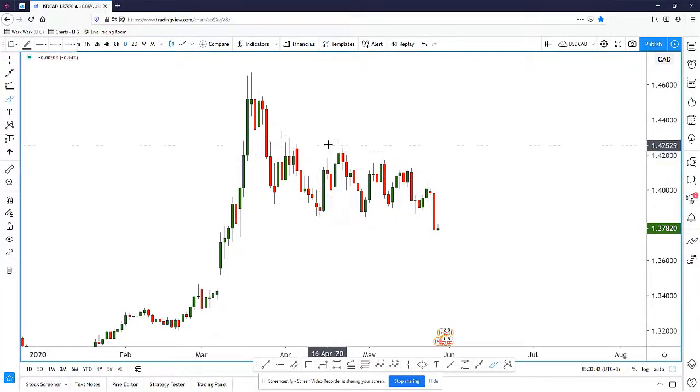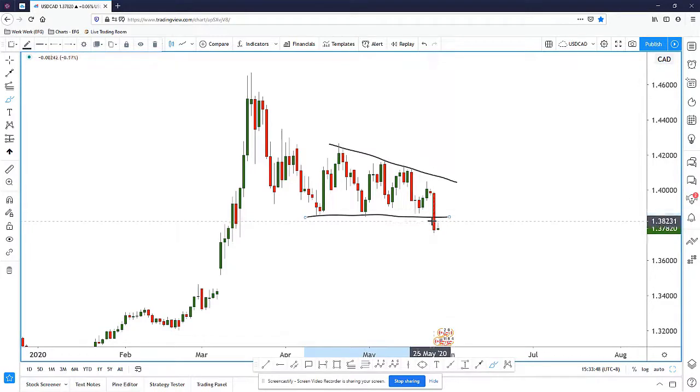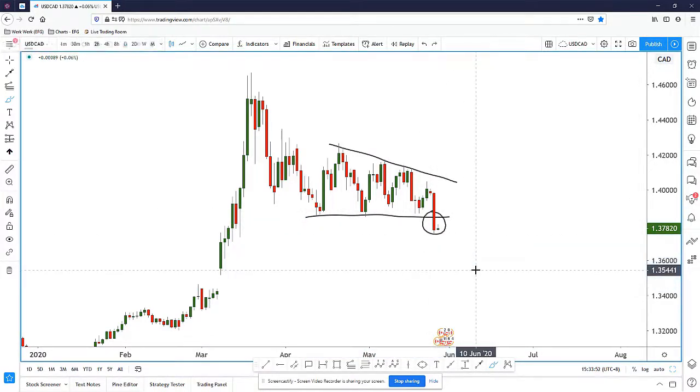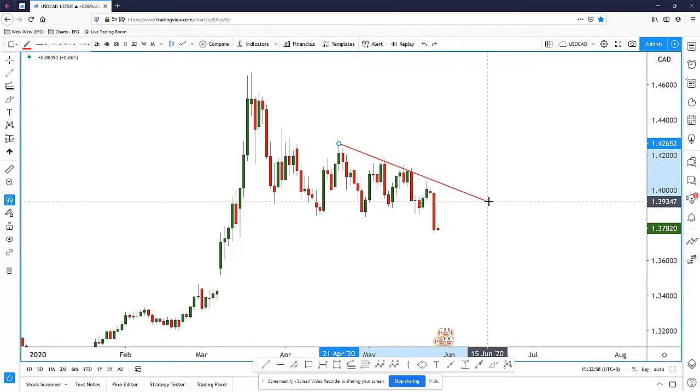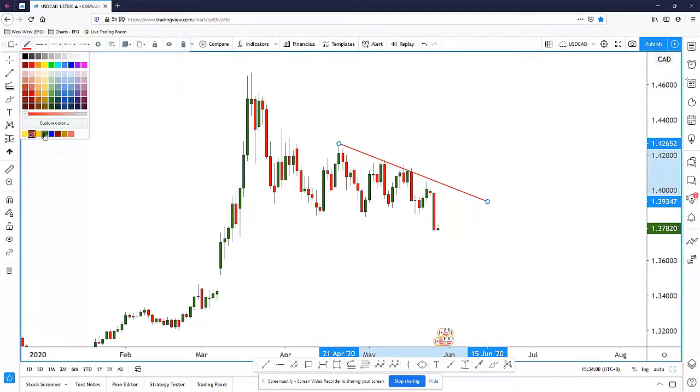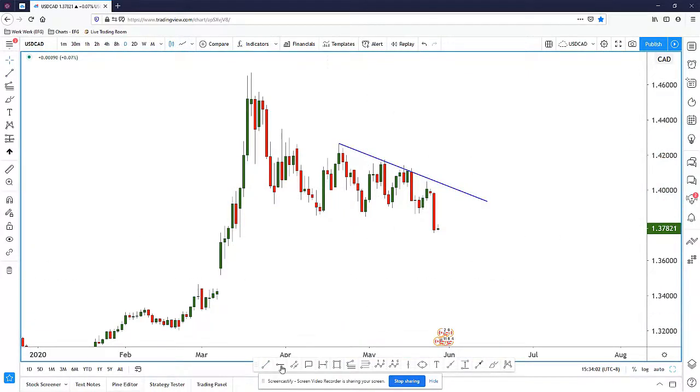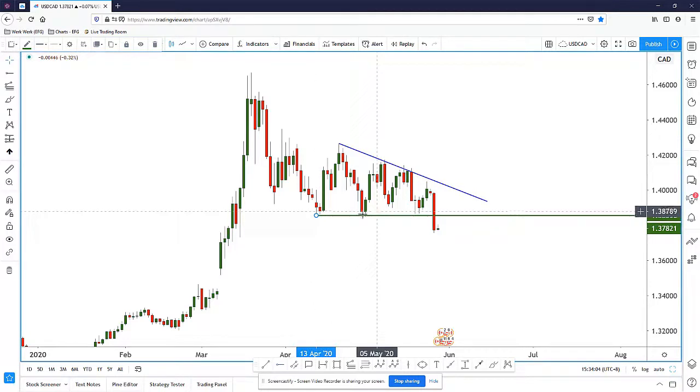the dollar CAD has broken out of its descending triangle range, right? If I were to connect this, we can see that price has already broken out here and seems to be pushing lower. So let me just draw the line. Okay, and of course put a level here.